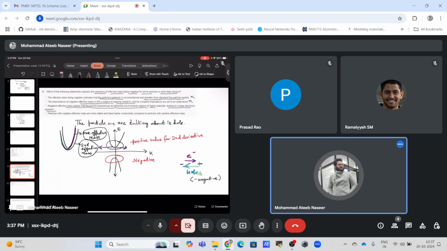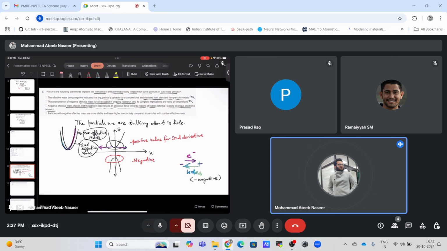This is a simple concept one should remember: a material can be anisotropic in nature. It is not necessary that the effective mass will be the same in all directions. The effective mass can be different. That's the crux of this statement that I made.